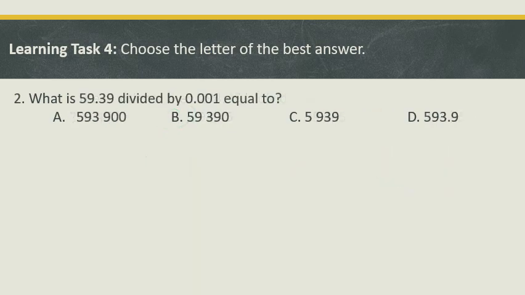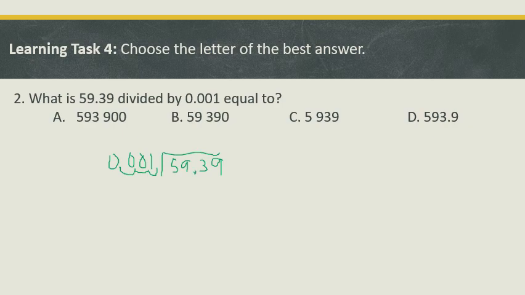Next, number 2. So, 59 and 39 hundredths divided by 1 thousandth. Mapapansin nyo dito, ang 1 thousandth ay decimal, so gagawin natin whole number. Kaya, imumove natin yung decimal point ng ilan. 1, 2, 3. So, tatlo daw.